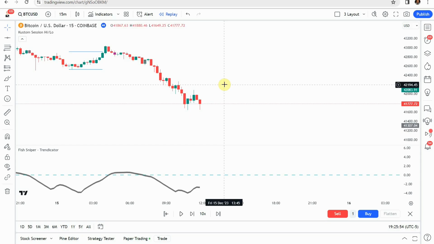Now compare that to the Academy of Forex indicator. We did 46 trades during the same period of time. We had 41 winning trades and 5 losing trades, putting it at an 88% win rate. So if you're looking to gain that same $600 per winning trade, your total gain would have been $24,600. On the losing side, you would have lost $3,900 for a total gain of $20,700. And so significantly better results and profits from the Academy of Forex indicator.